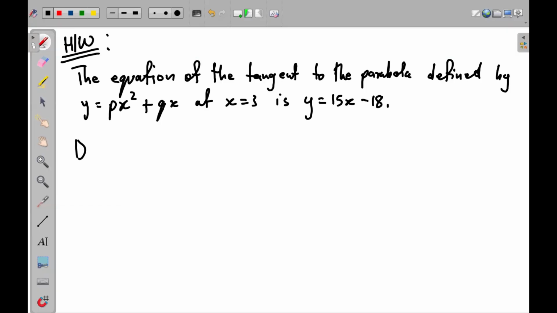You know the question already. Determine the values of p and q.